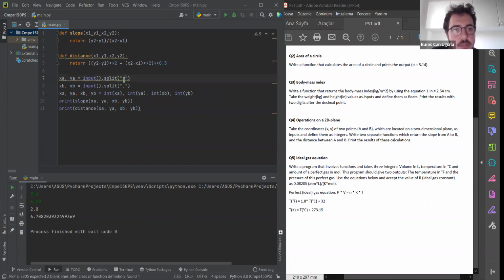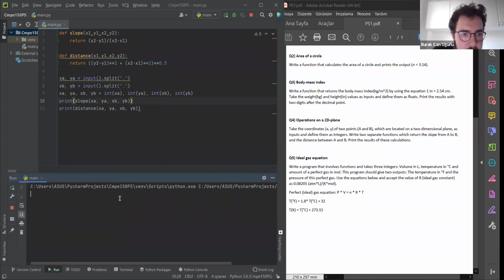For example, you can use a dot here or a space here, so I can use a dot also, just like this, and run this again with 3.4, 6.10, and it gives the same values.